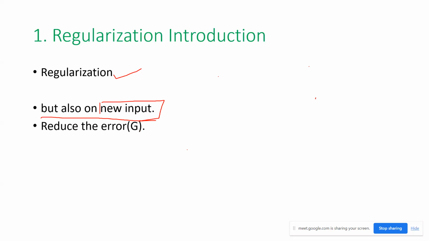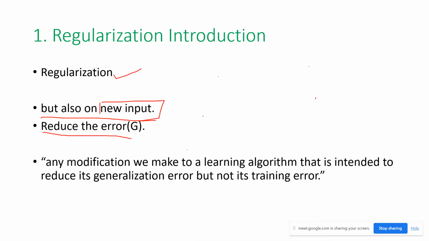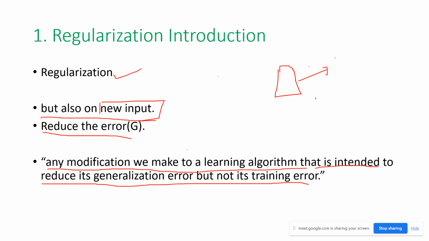So what are the strategies we are using? Overall, we are reducing the errors. That error is a generalization error. With this strategy, we can apply some constraints. Okay, see this, the simple definition. If we are doing any modification, we make a learning algorithm model that is intended to reduce the generalization error. If we are doing any modification after generating the output, what is the meaning of that?